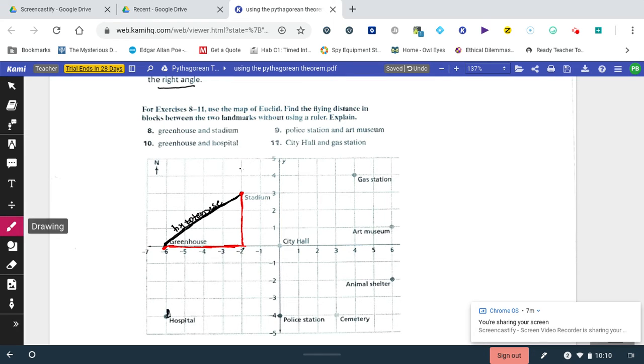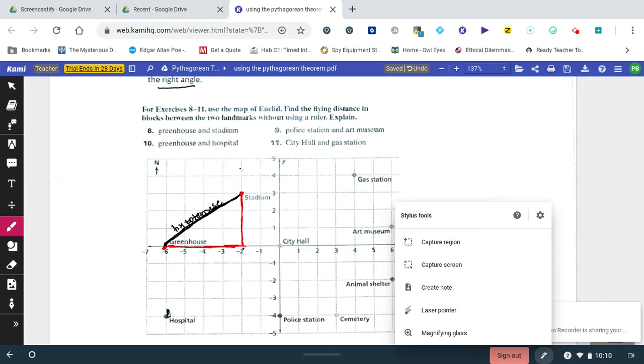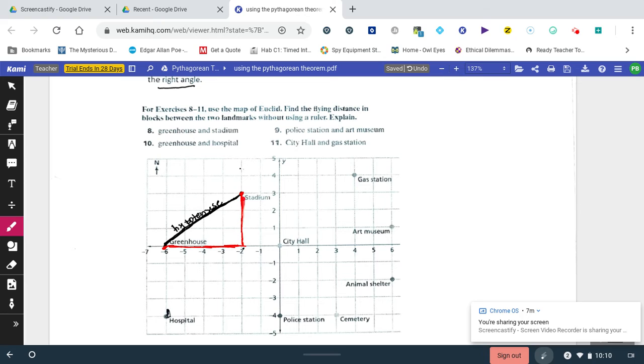If I want to calculate this distance right in here, I just count the number of spaces. So that's 1, 2, 3. That distance is 3 units long. And if I want to calculate this distance, it is 1, 2, 3, 4 units long.